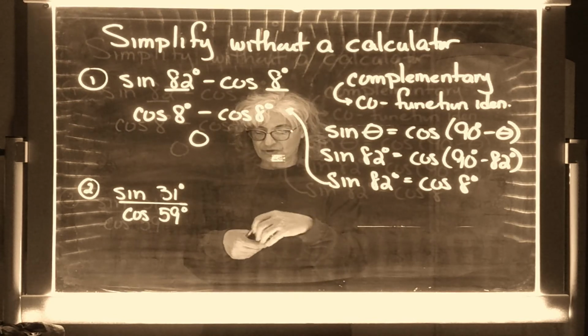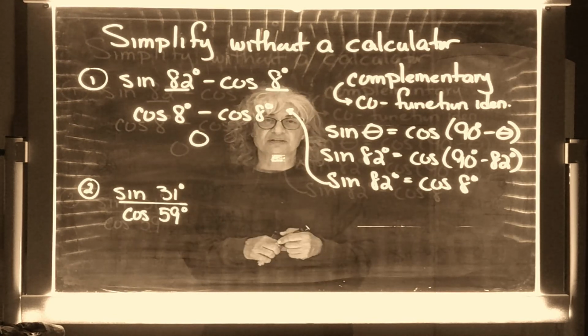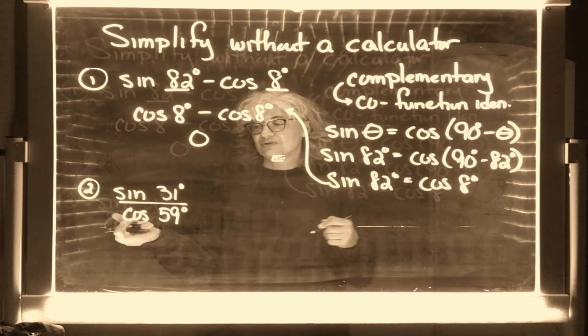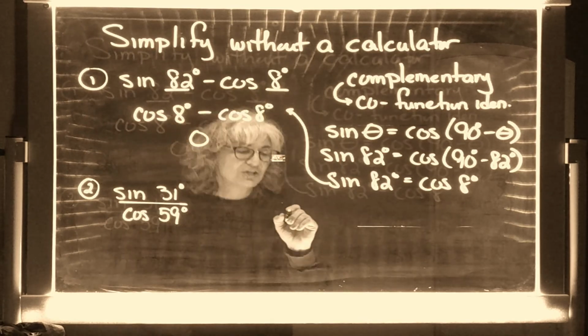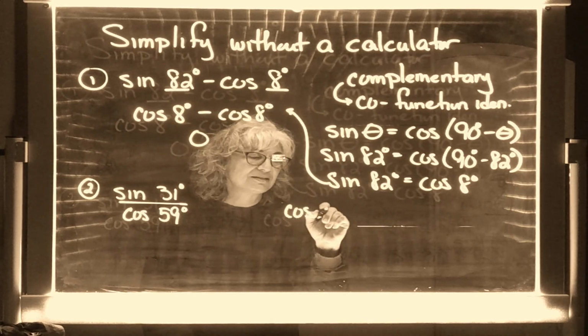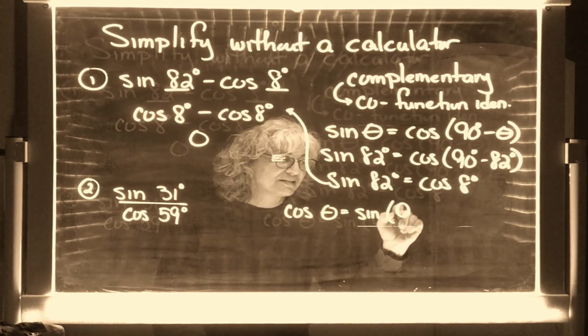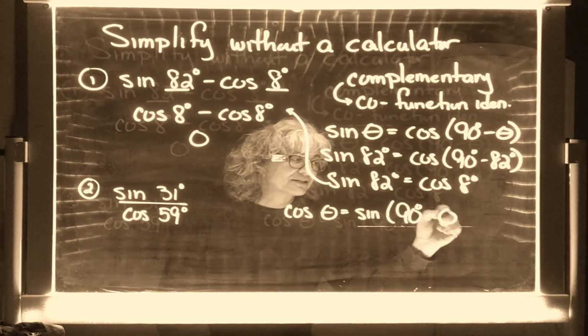So in this particular case, I'm going to go for the cosine. Why? Why not? In the last problem, I switched the sine around. So in this case, I'm going to switch the cosine around. So the cosine of an angle is equal to the sine of the complementary angle.